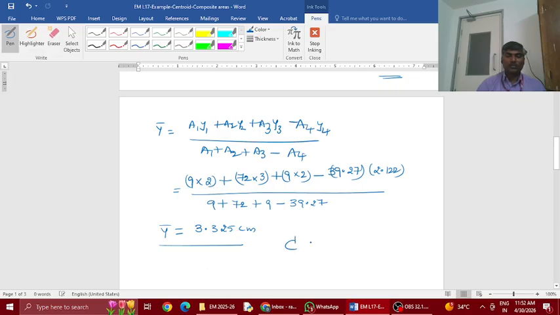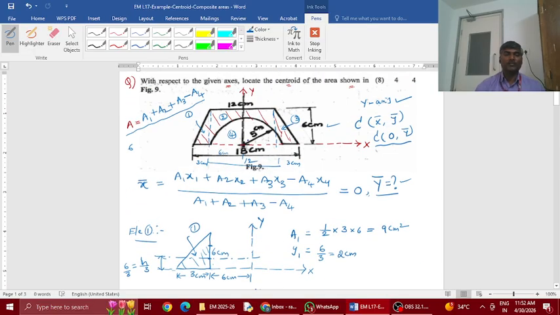So the coordinates of the centroid are 0, comma, 3.325 centimeters. If you look at it, the centroid is lying on this line, because the origin is kept here. So this is the origin. From here, this is 5, this is, let us say, 2.5 midpoint, and 3.325 is somewhere here.